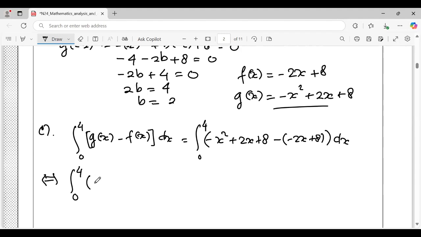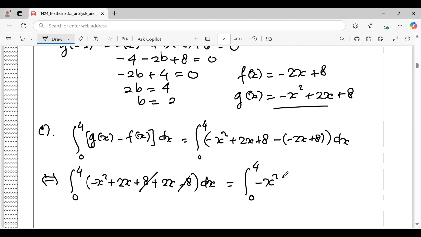That becomes minus x squared plus 2x plus 8 plus 2x minus 8 dx. Eliminate 8, because 8 minus 8 equals 0, so the integral becomes 0 to 4 of minus x squared plus 4x dx.